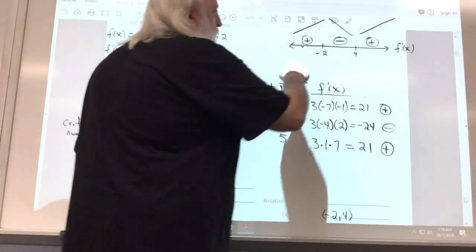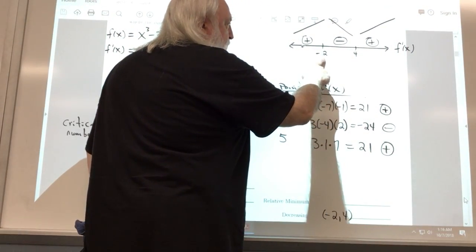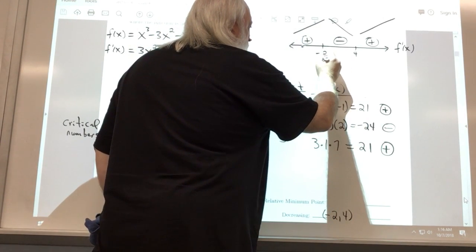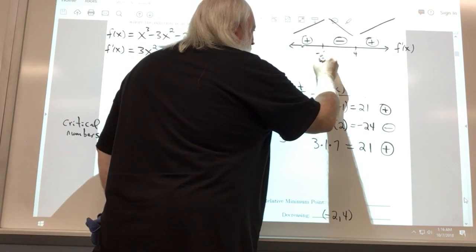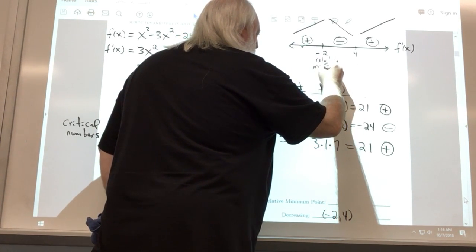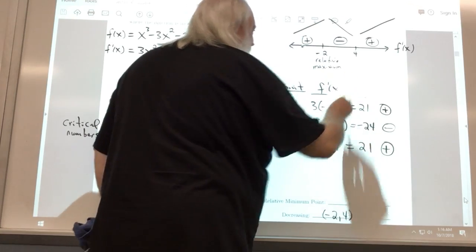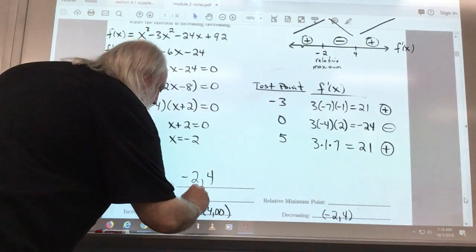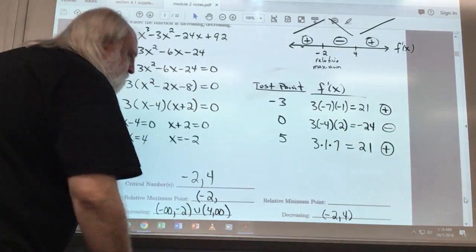Well, up here at x equals -2, we go from positive slope to negative slope. We know that that forms a relative maximum. So the x coordinate for the relative maximum is -2.